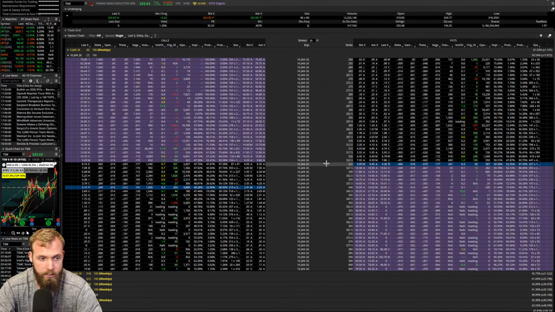You can get a decent amount of density out of those. Or you can literally just eyeball the chain and assess the changes in the probabilities to figure out where the density is. That's really one of the benefits of verticals and butterflies and stuff like that.